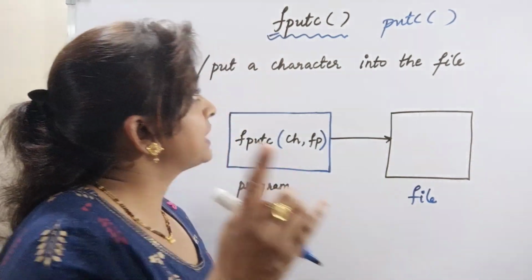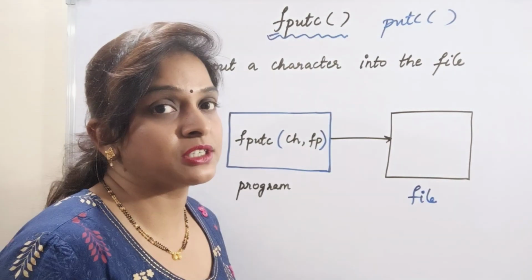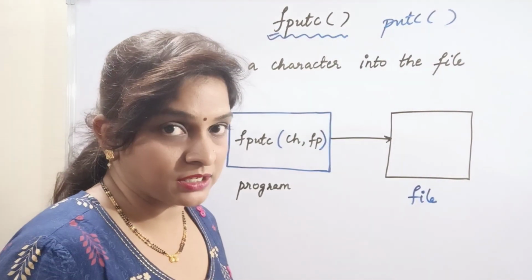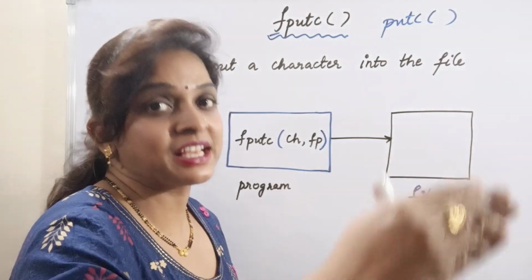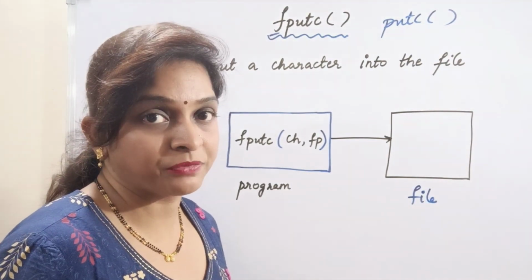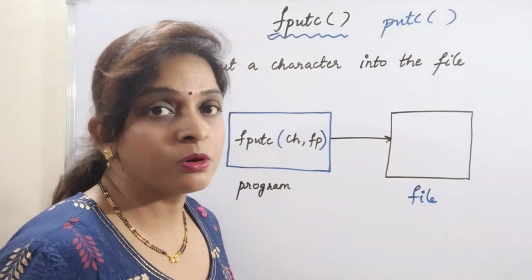But fputc is an actual function specially designed for files. So it has the capability to move the pointer to the next character automatically. So it's better to use fputc when compared to putc.